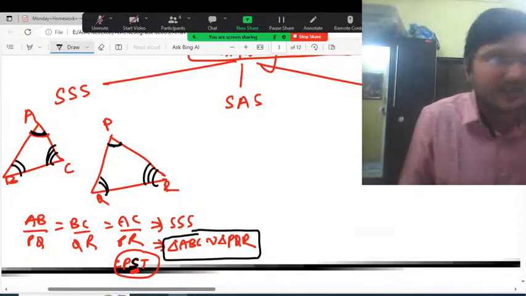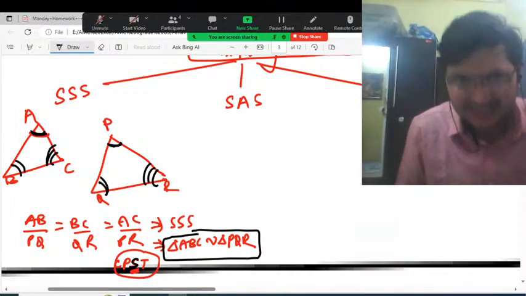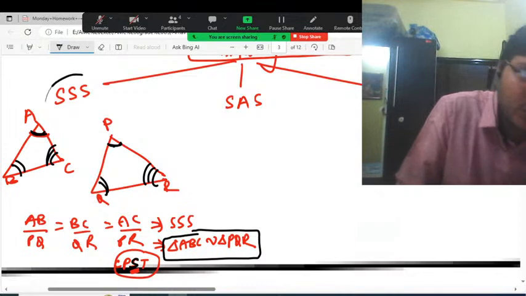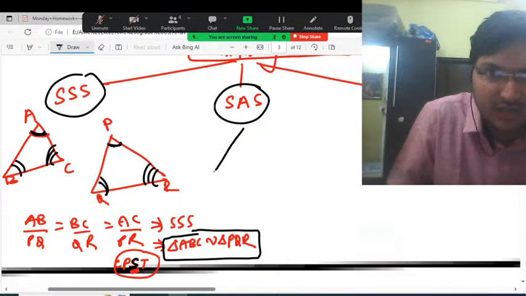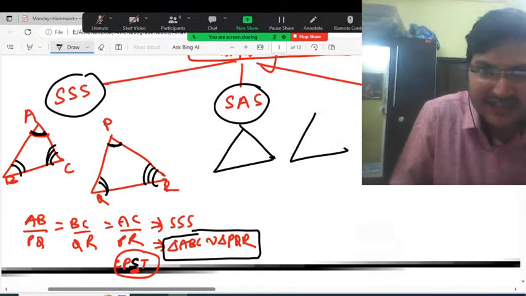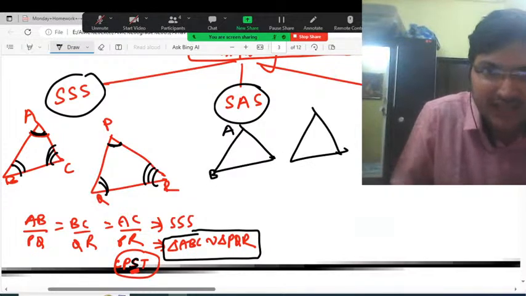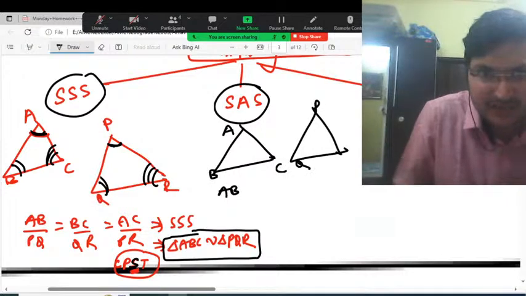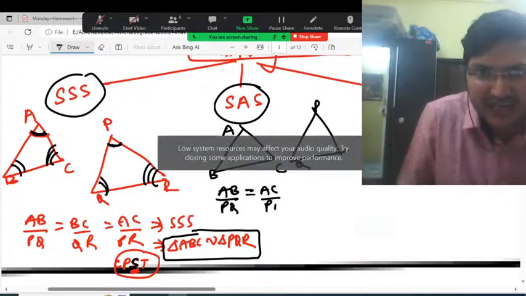You need not calculate all those 6 parameters, rather approach these criteria. Now what happens in SAS? Now you need to work with only 2 sides. Like if I show that AB over PQ is equal to AC over PR.